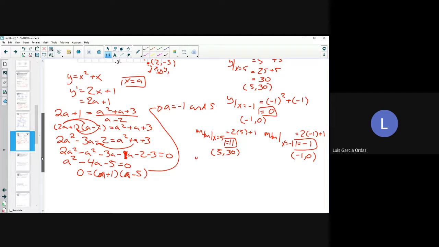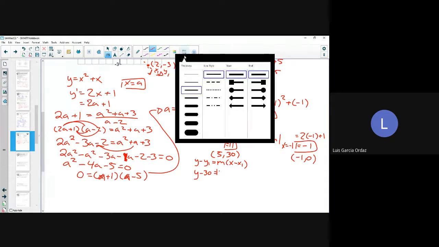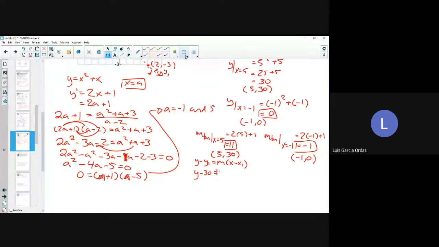I get y minus y1 is equal to m times x minus x1, so y minus 30 is equal to 11, that was my mistake, 11 times x minus 5, which gives me y minus 30 is equal to 11x minus 55.